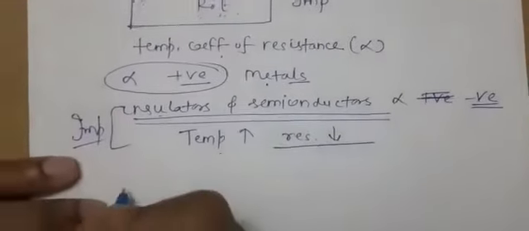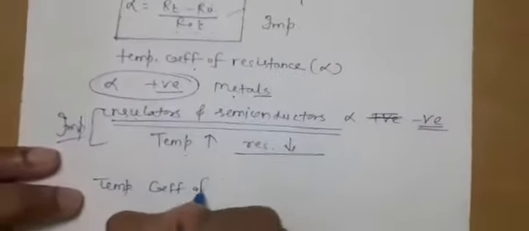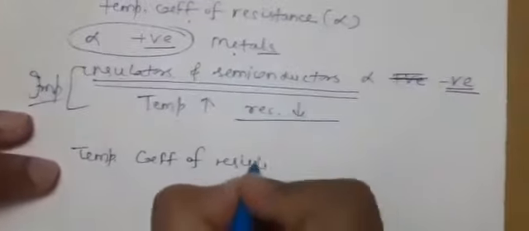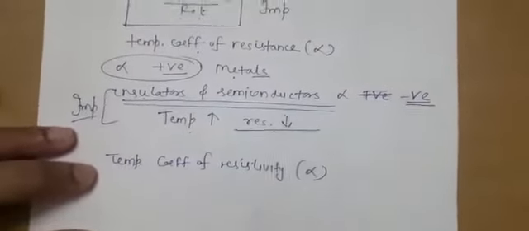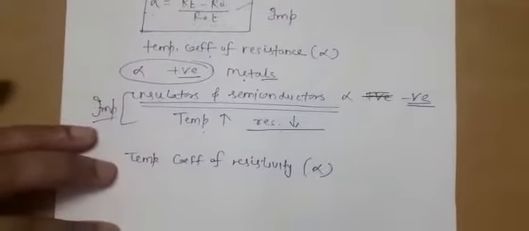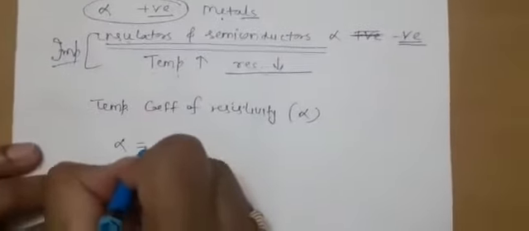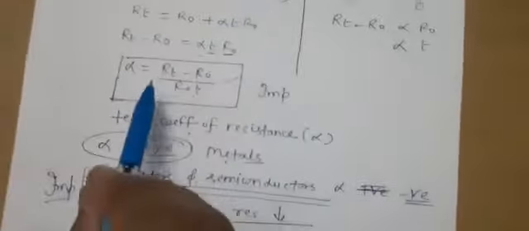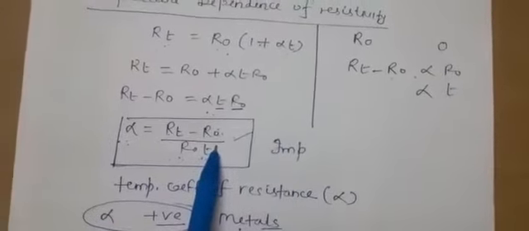But if we have to introduce the temperature coefficient of resistivity, see, actually resistance R is equal to rho L upon A. So resistance depends upon the nature of the material, which is determined by resistivity. So here we can simply replace resistance in this relation by the resistivity symbol, keeping all the other factors the same. Why?